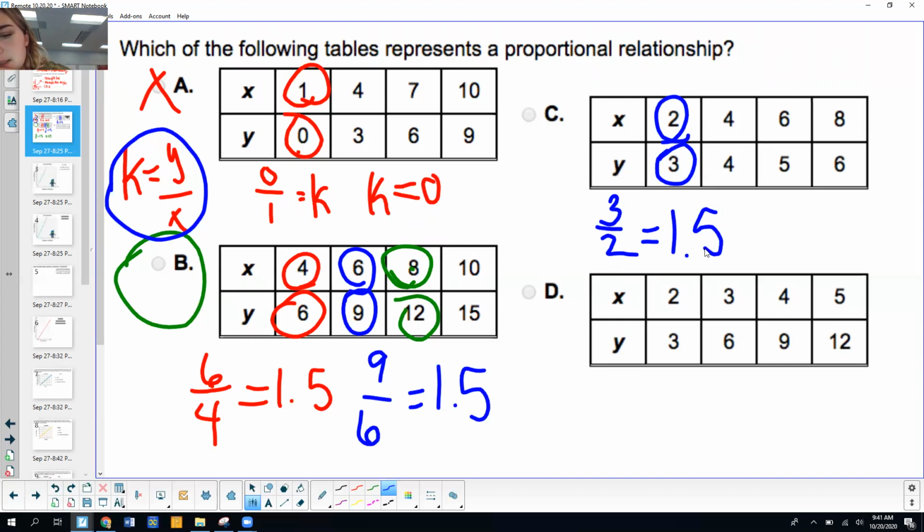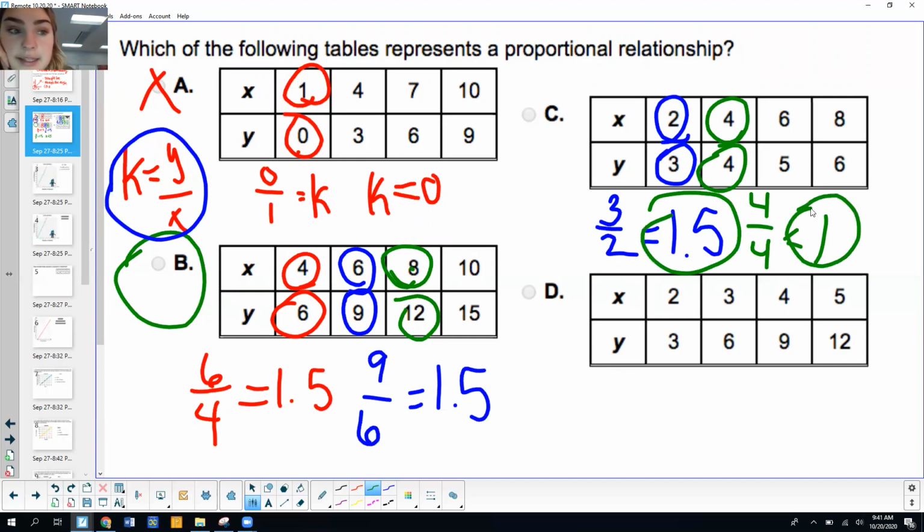All right, but then we get to this next one. 4 divided by 4. Well, I know 4 divided by 4 is 1. So since the rate of change, that K, that constant of proportionality, isn't constant, that's not going to be a proportional relationship. Sorry, that was supposed to be an X. Not a proportional relationship.